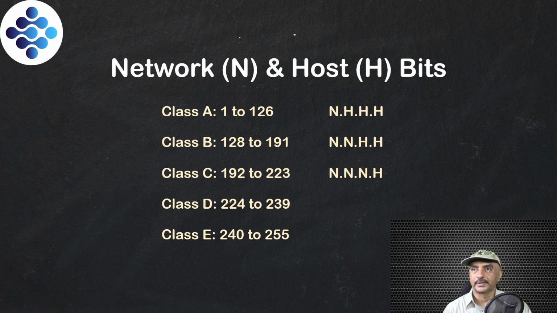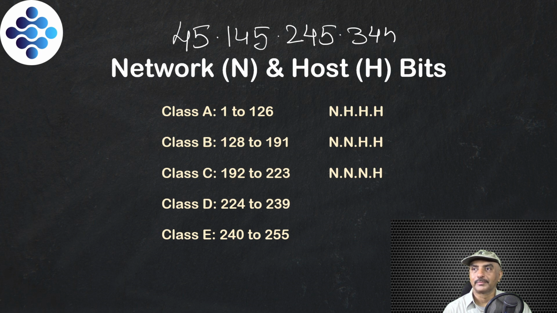What about this address? 45.145.245.345. 45, okay, we'll say it is class A. Is this 345 possible?